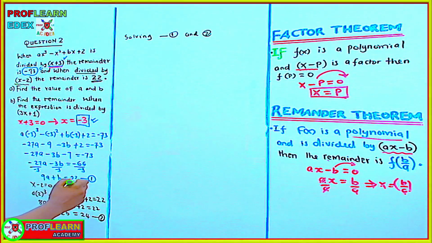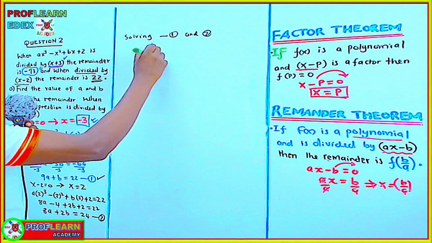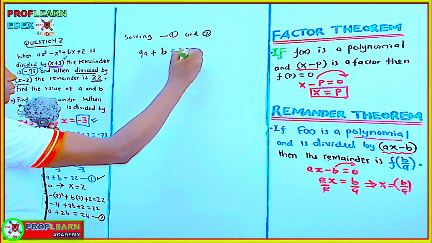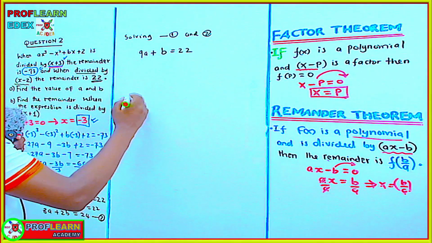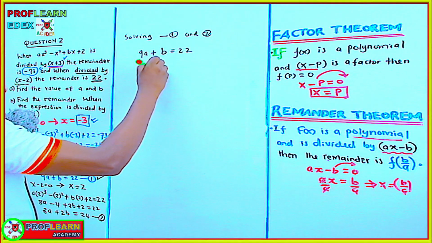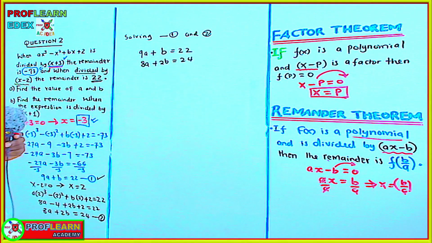Of course, our actual equation 1 was 9a plus b is equal to 22. And we had equation 2 as 8a plus 2b is equal to 24.